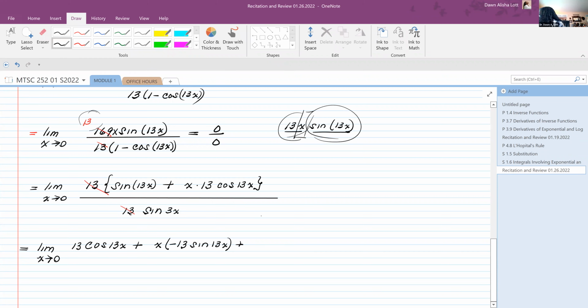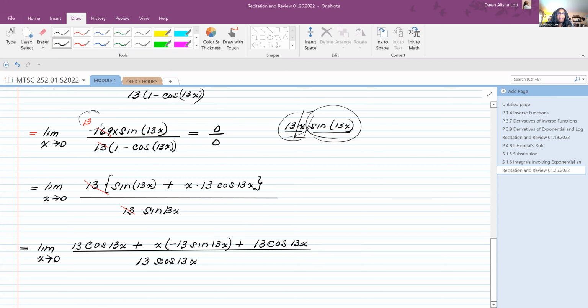Plus the derivative of the first, which is 1, times the second, which is 13x cosine of 13x, divided by 13 cosine of 13x.